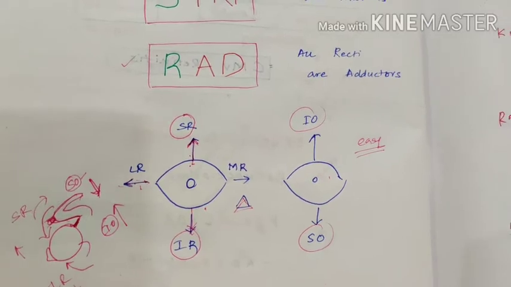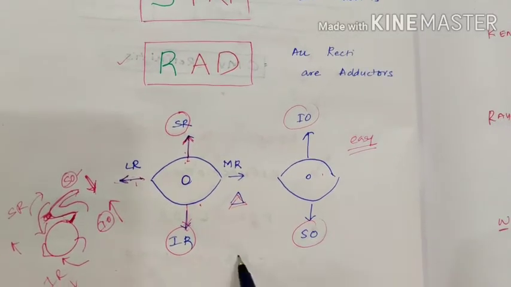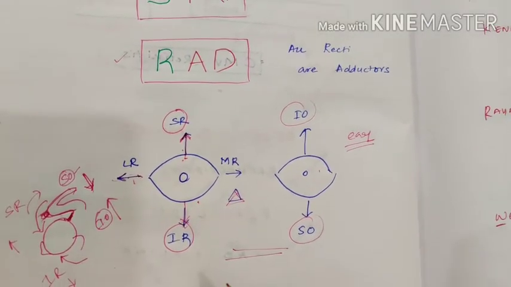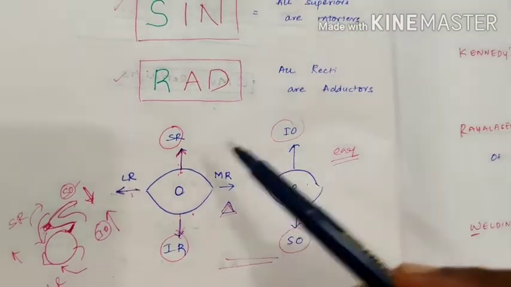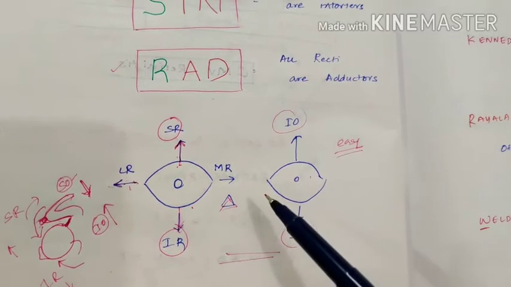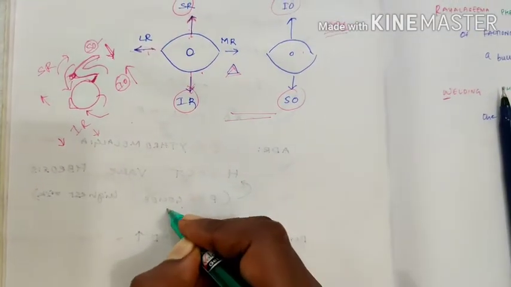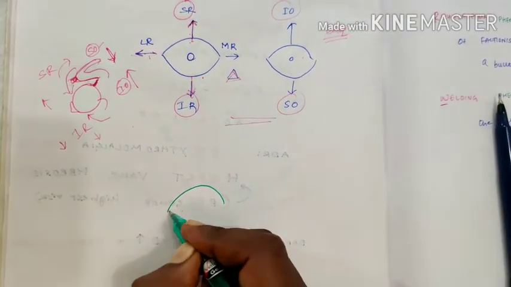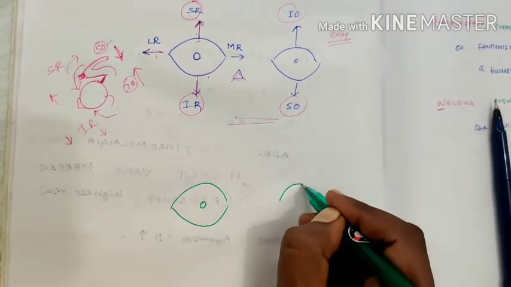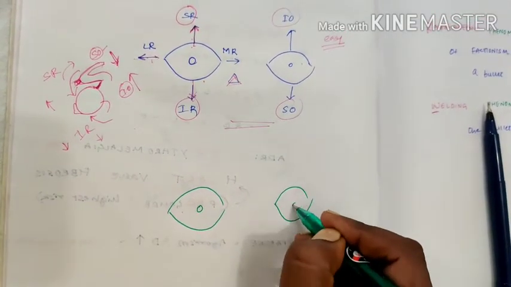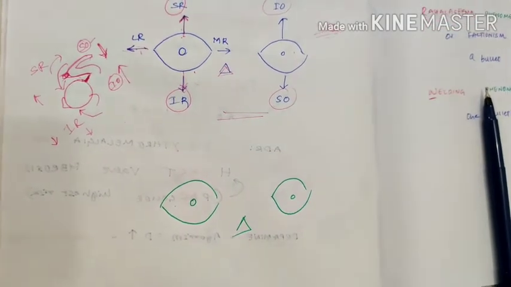Now just remember, these are the primary movements. Now let's go to the mixture of secondary and tertiary movements with the primary movements, and how they will change. Let's imagine an eye like this, and another eye. This is the nose.